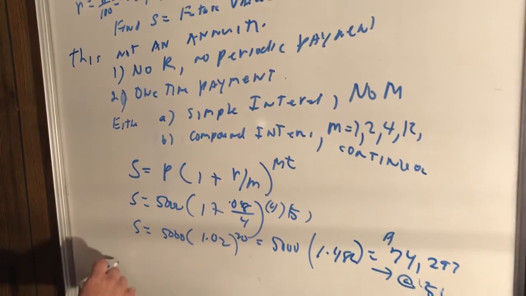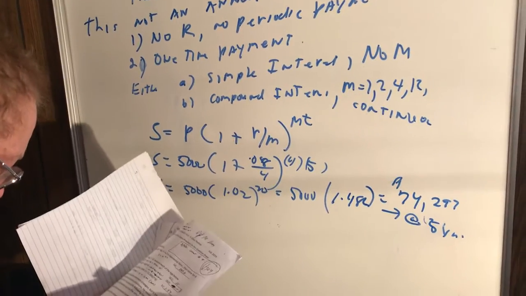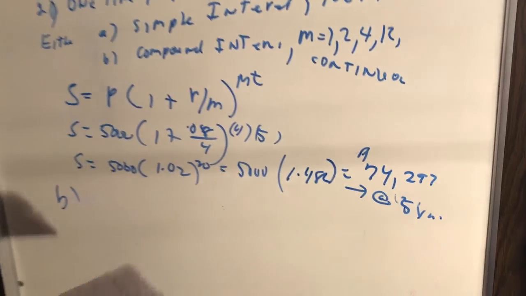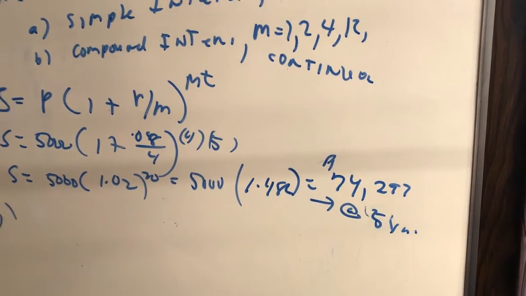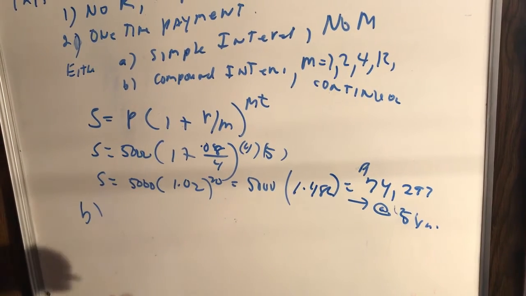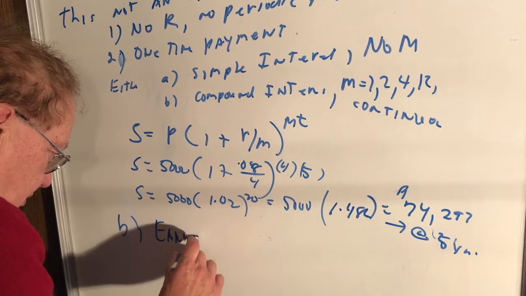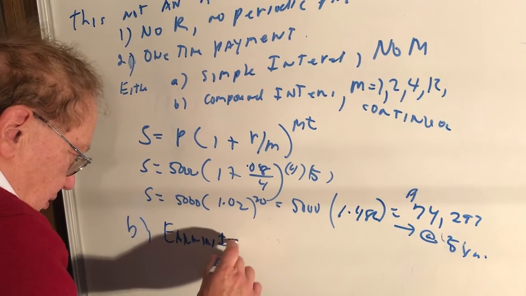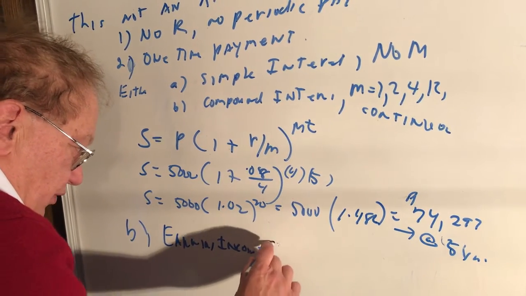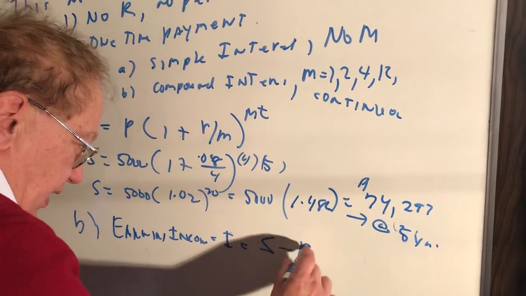Now the second part of this says, calculate your earnings income from this investment. How much did you earn? Well, your earnings income is basically your interest income, which is the future value minus what you put in.